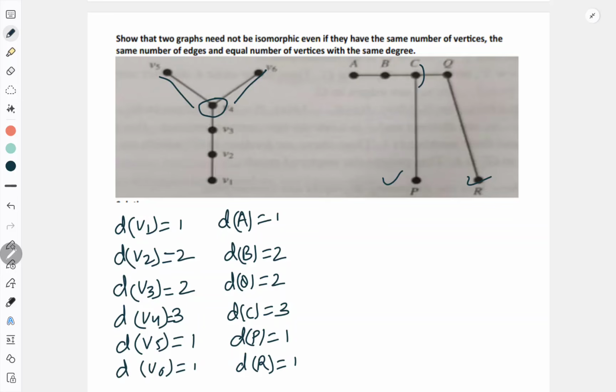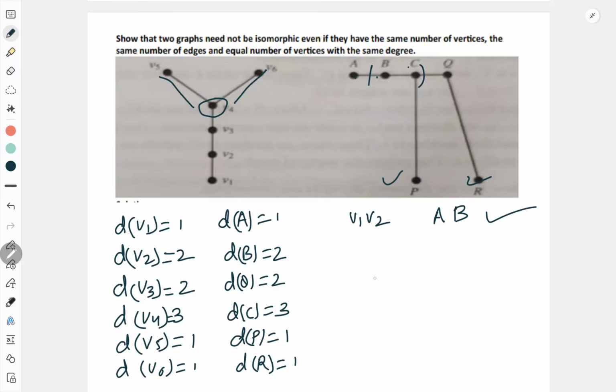Here also, if I start forming the edges, like V1 is attached to V2, and if I say the image of V1 is A, so A is attached to B, and A is attached to only B. And degree of B is 2, and the degree of V2 is also 2. So this works.